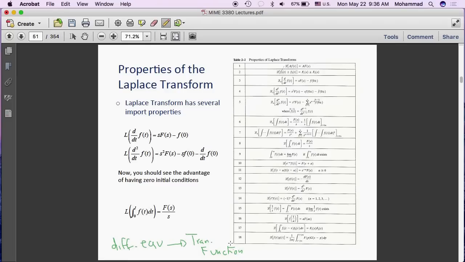So, for example, this table comes from Ogata, the same book that I talked about at the beginning of the class. It has Laplace transform properties. One property is that if you add two functions, the Laplace transform of the sum is the sum of the Laplace transforms of each of them. Another very important property is the Laplace transform of a time derivative.